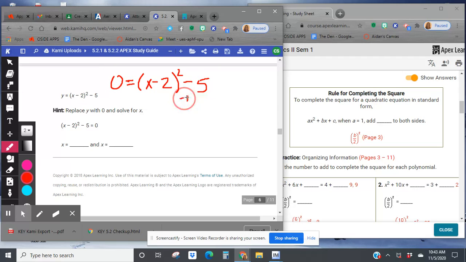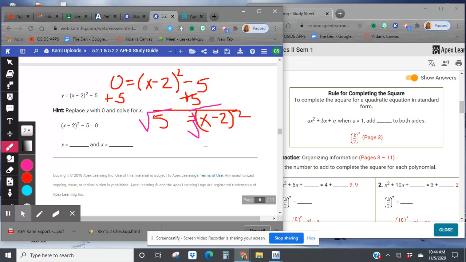All right, so we're going to start by adding 5 to both sides. And that leaves us these factors of (x minus 2) squared equals 5. Now it's in a position for us to just do the square root of both sides.